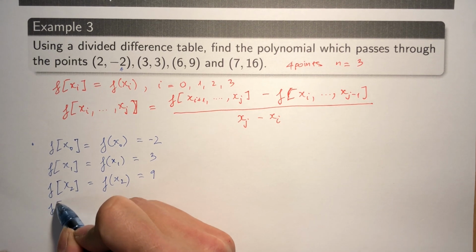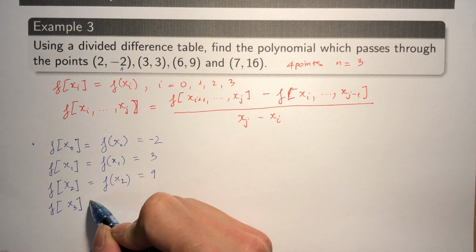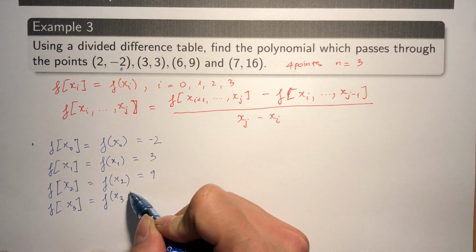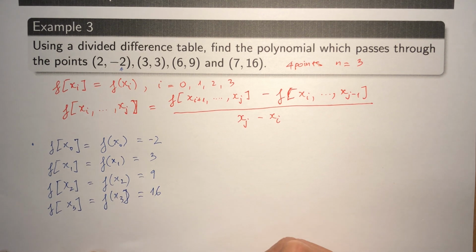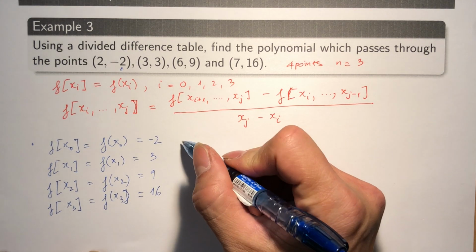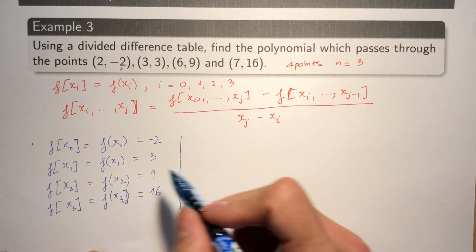And f x3 equals 16. Right. So this is the zero derivative.